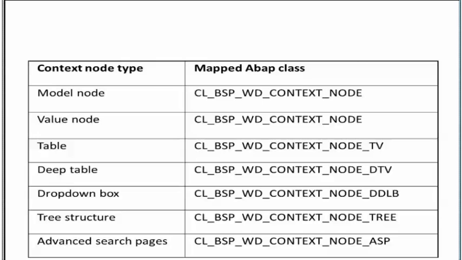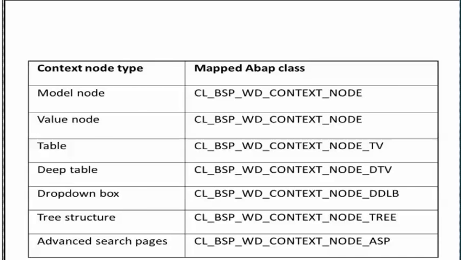And for deep table it is DTV, and for drop down list box it is DDLV, and for tree structure it is TREE, and for advanced search page it is ASP. So these are the specialized classes which are given by SAP for all these scenarios. So for every scenario we generally have this class as the superclass. In some cases when the wizard doesn't have the capability to set this class as the superclass, we generally go and manually change the class in the superclass field.